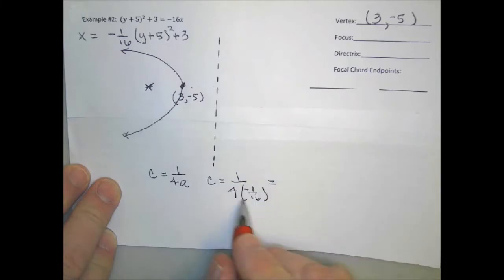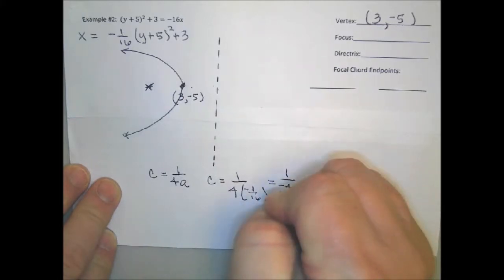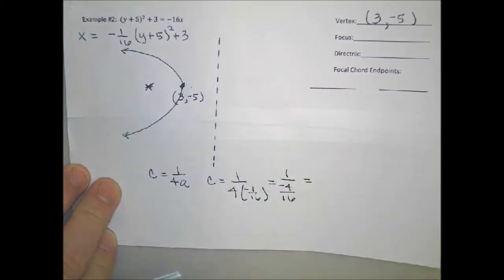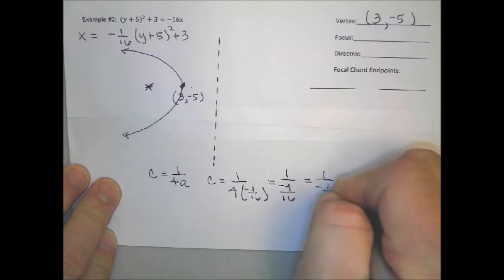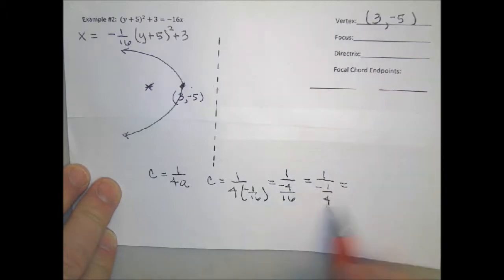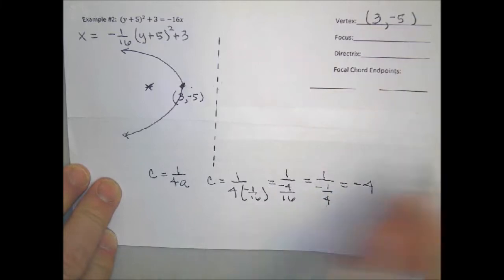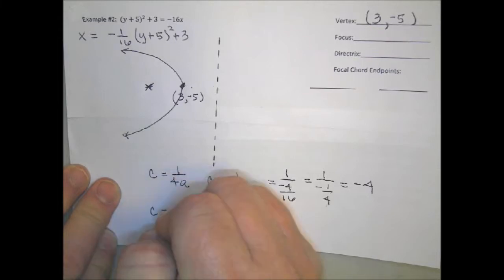So that would be negative 4 over 16, 1 over negative 4 over 16. Now, if I reduce negative 4 over 16, that's negative 1/4, 1 over negative 1/4, and 1 over negative 1/4 is negative 4. So, c equals negative 4.